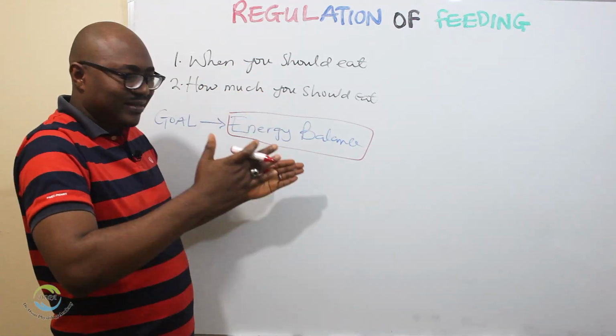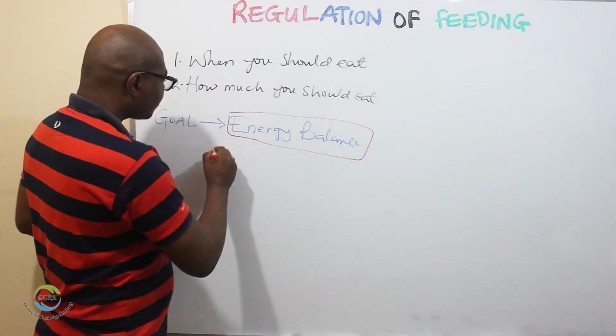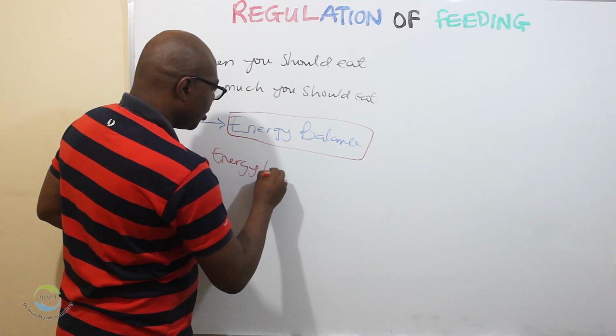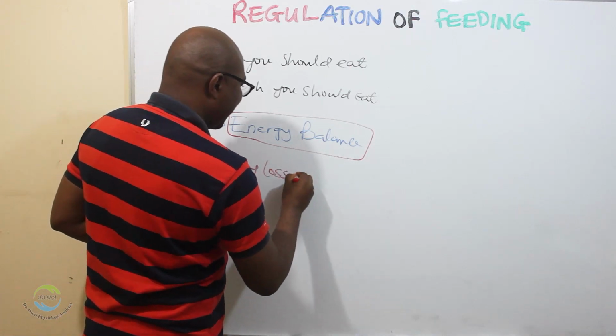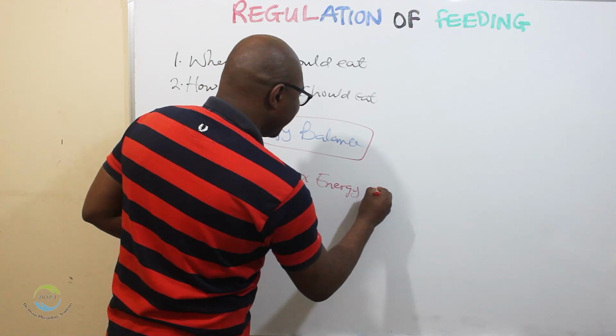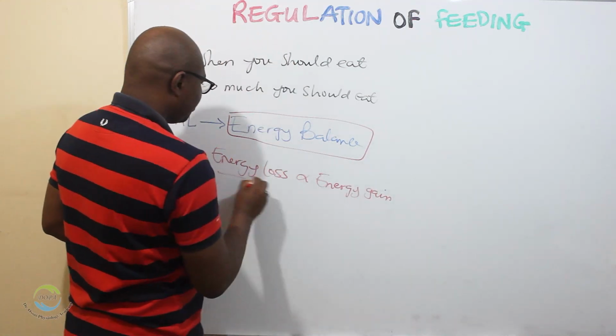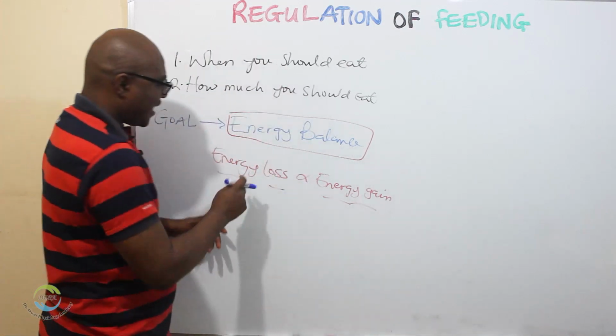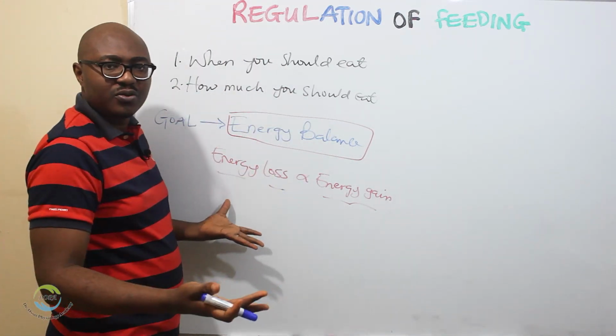So there needs to be a balance between energy loss and energy gain. Why do you think there needs to be a balance? Now, if there's too much energy loss, of course, you know what will happen.